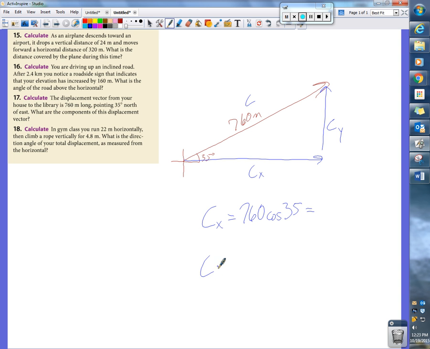And our y component is going to be the same thing, except we're using sine instead. This is 760 sine of 35. Again, we just plug those directly in. 760 cosine 35 is about 623 meters, and the y component about 436.